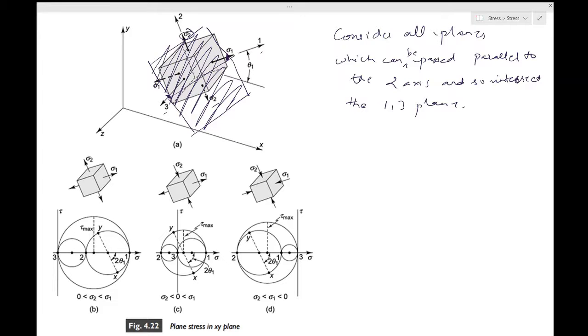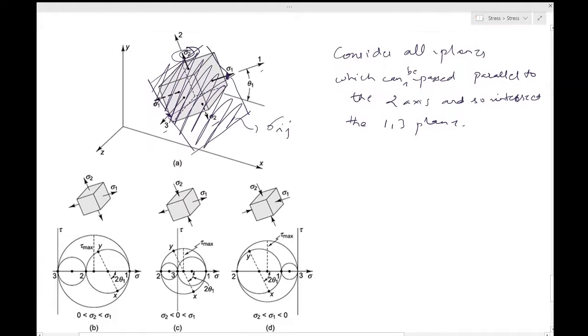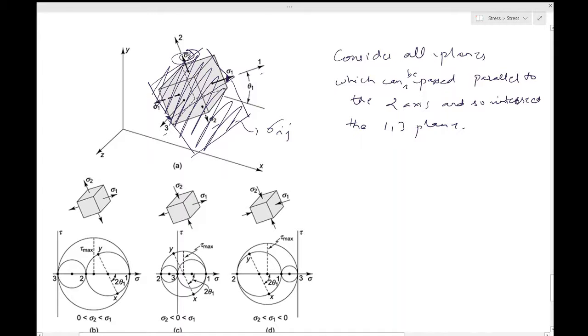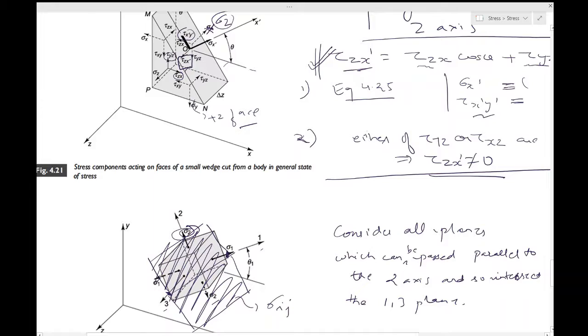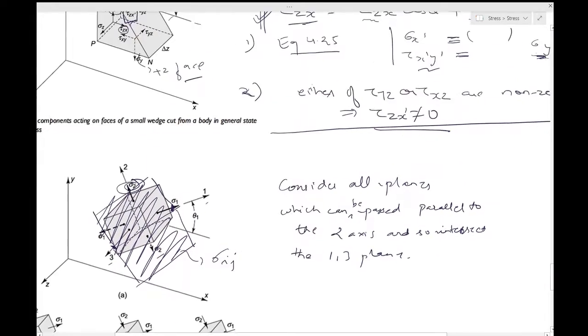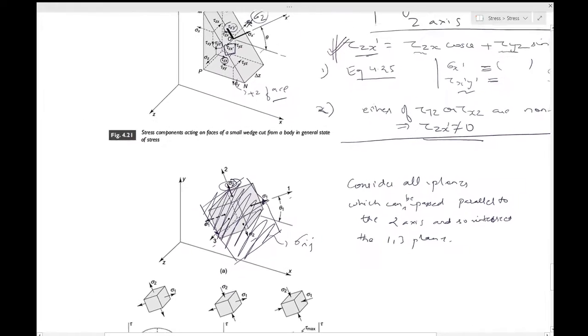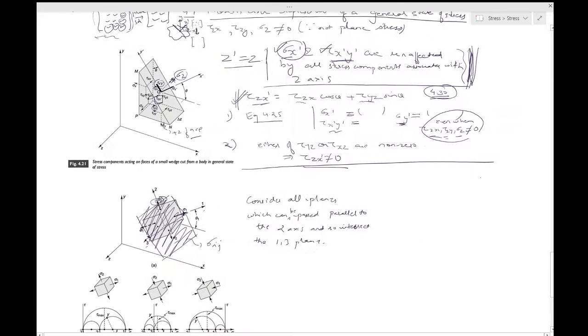Okay, so the stress components on these planes would be, let's call it sigma ij, but it says this sigma 2 will not have any influence on it. How can we say that? Let's come back to this.